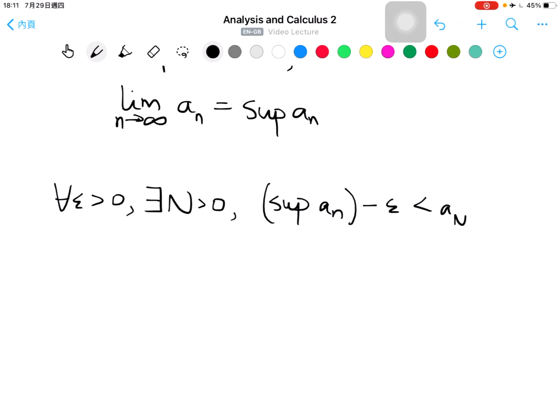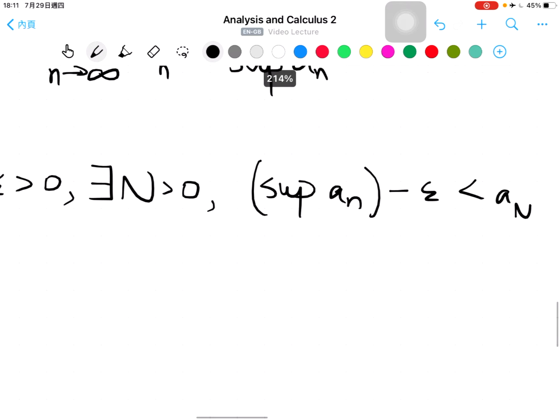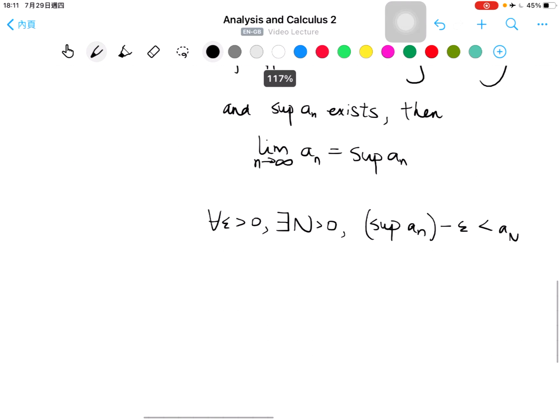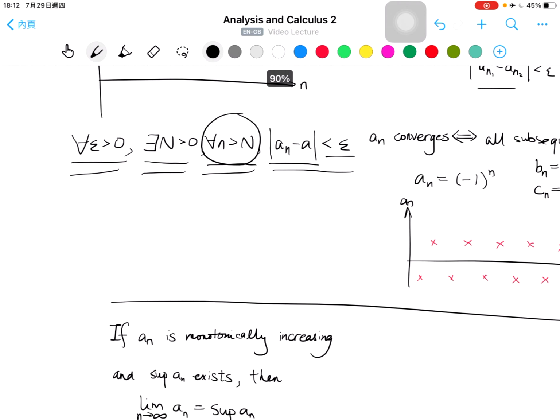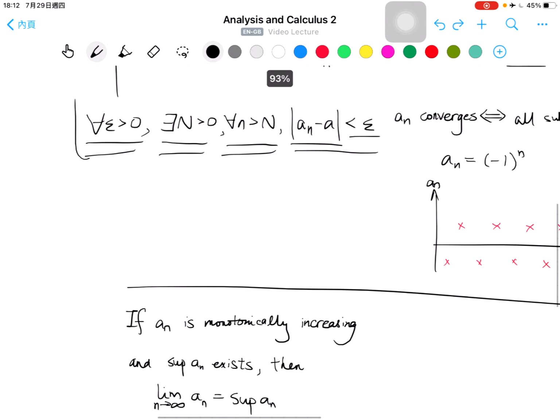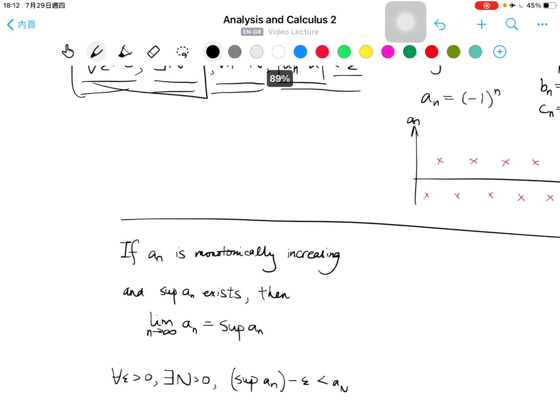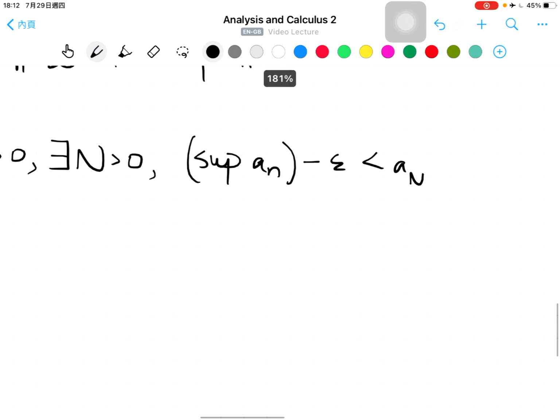But now since we have this, that means what? Under this situation, from the definition here, for all n larger than N, we have this first part being exactly the same, so we can just add something else.